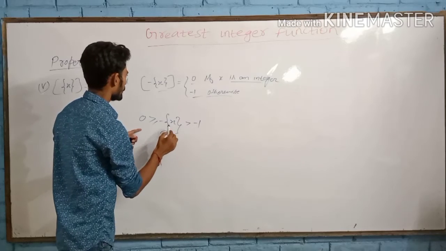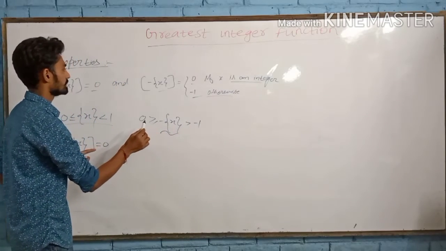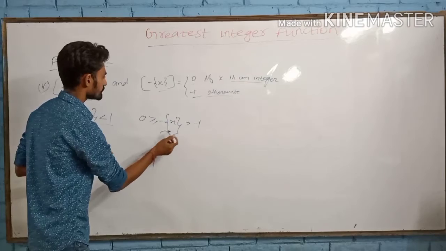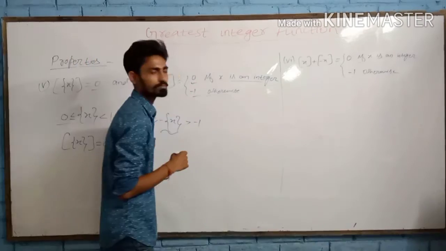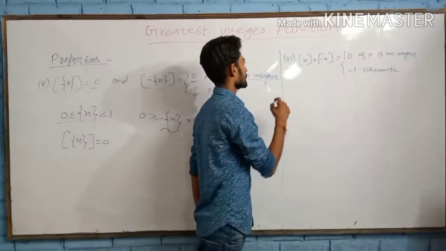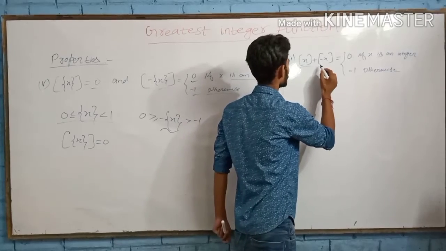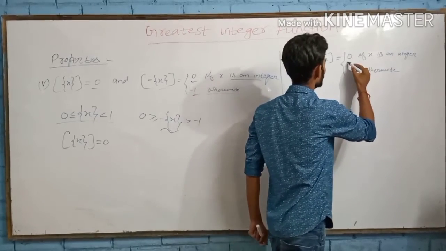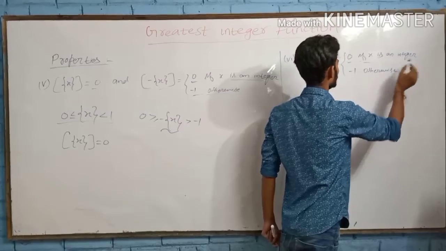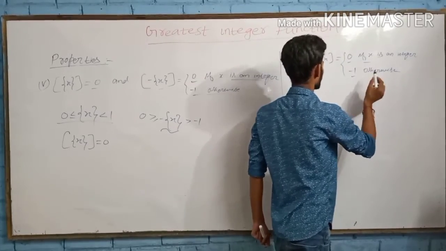When x is an integer, then this part is 0. Now moving to the next property: ⌊x⌋ plus ⌊−x⌋ is 0 if x is an integer, otherwise it is minus 1.